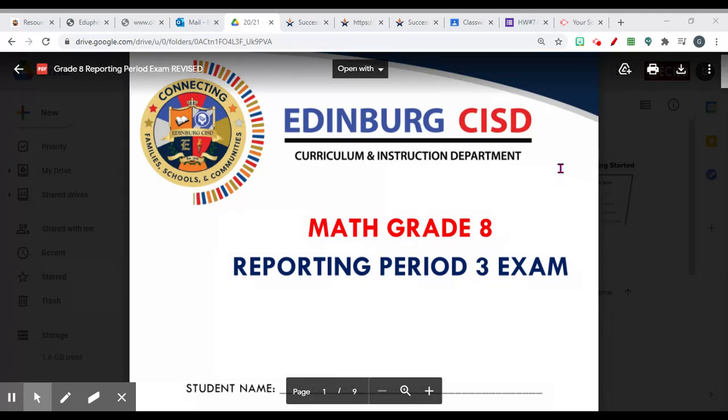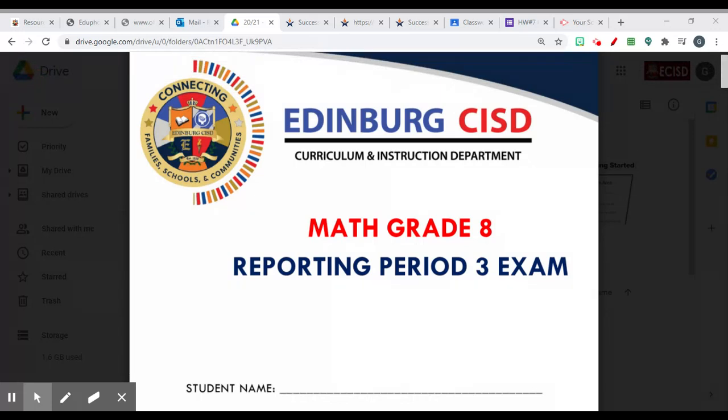Also, remember that we're reviewing everything we covered in this reporting period, which includes volume, surface area, and functions. So you should be accessing your reference chart. Depending on who your teacher is, most of our 8th grade math teachers have it under the materials tab, under classwork, under materials.